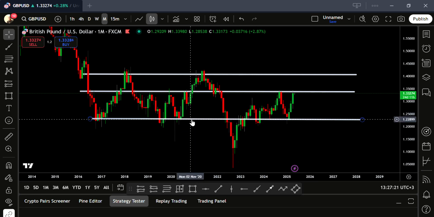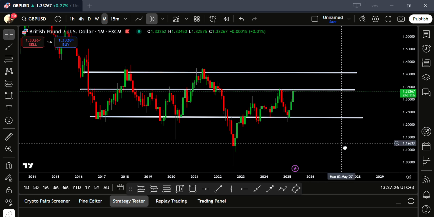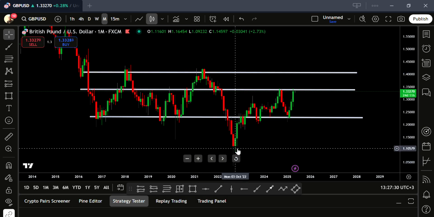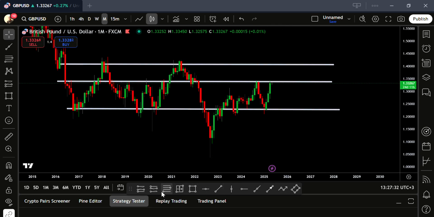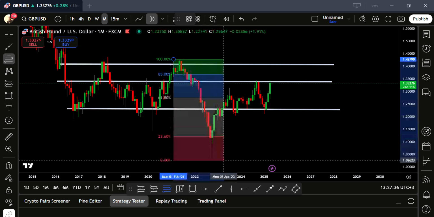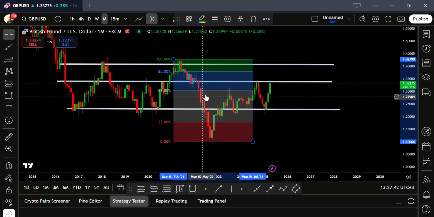Three, when you draw your Fibonacci from the swing high, this one, to the swing low, this one, you will see that this was just a retracement, and that is where the retracement ends. Swing high to swing low. Where is it? The 6? Yeah, it is here.